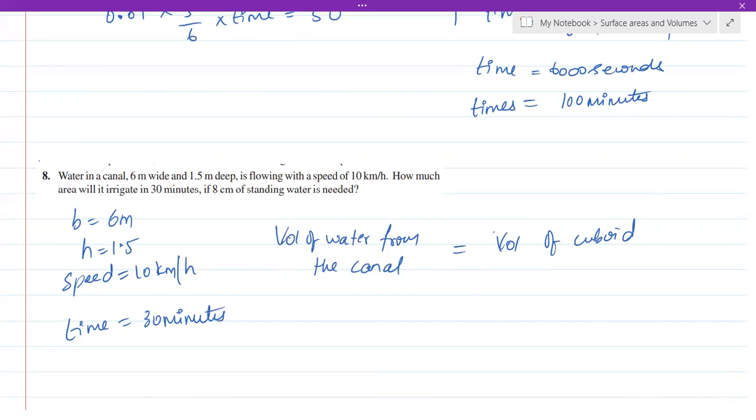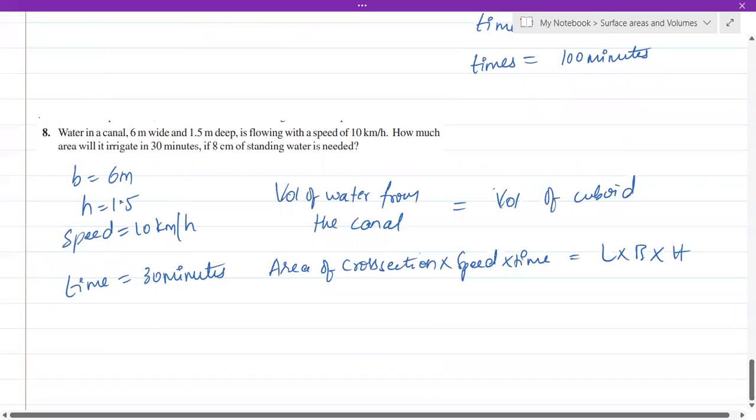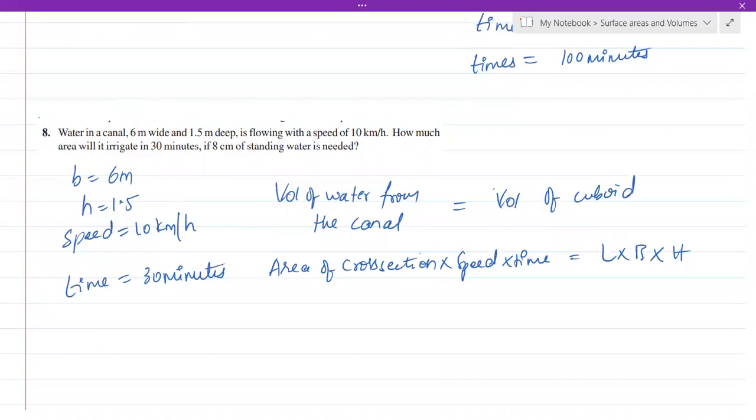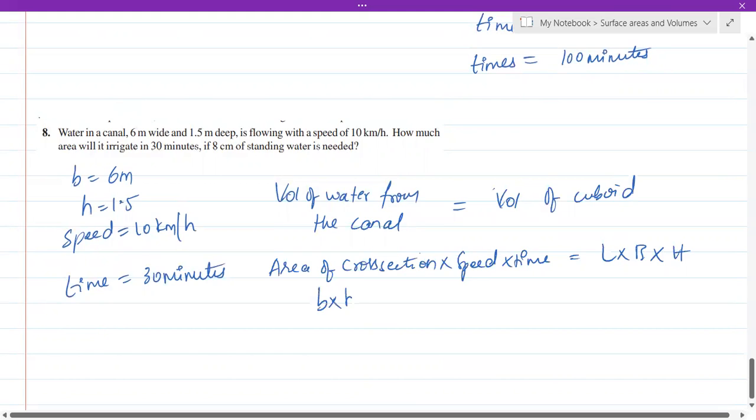Okay, so volume of water coming from the canal, we know that it depends on area of cross section into speed into time, and volume of cuboid is capital L into capital B into capital H. Now area of cross section, here it is B into H. Okay, basically if you take a canal, it is in cuboidal shape, and if you cut it perpendicularly, what you get, the area of cross section is B into H. Okay, the base or the breadth into height.